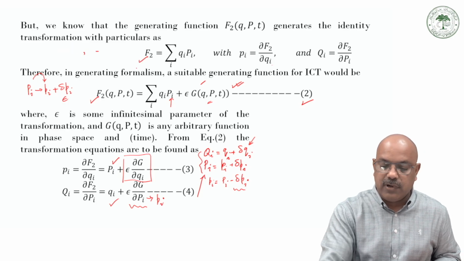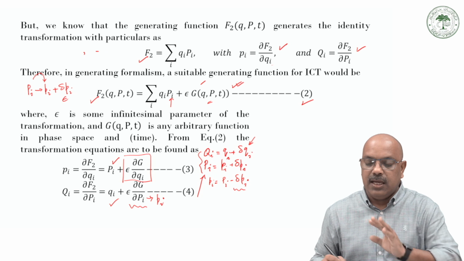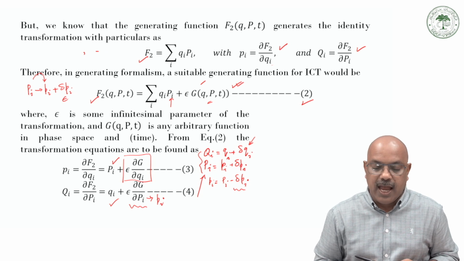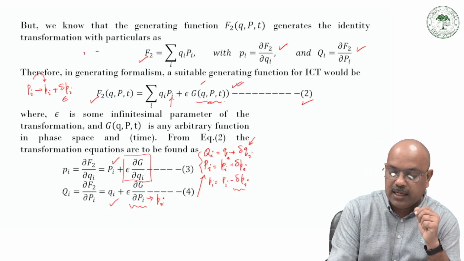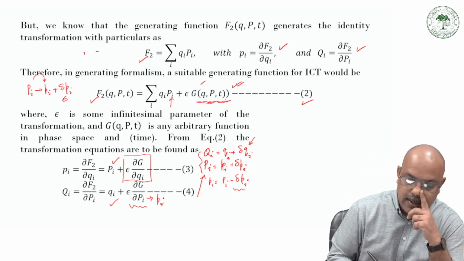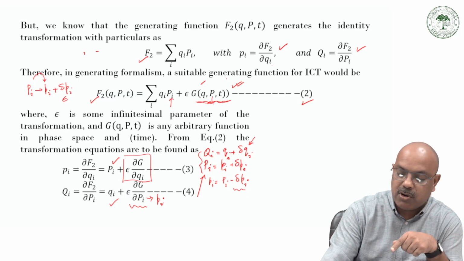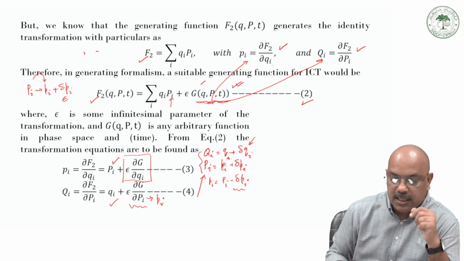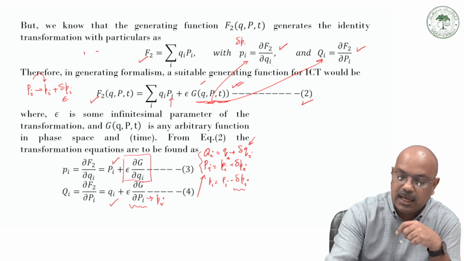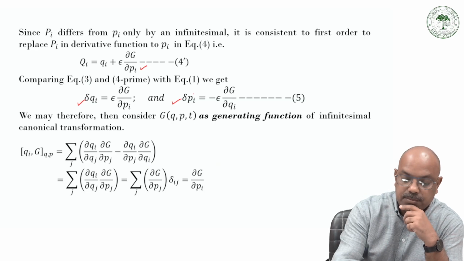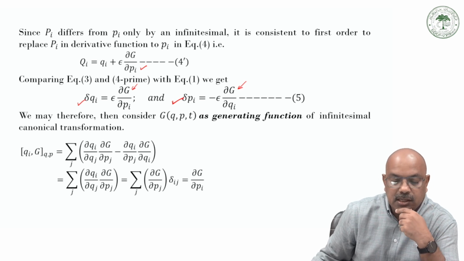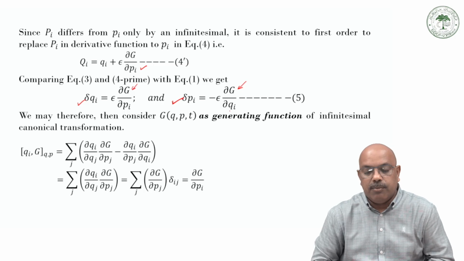For the generating function F2, I have the derivatives delta F2 upon delta qi and delta F2 upon delta pi, and here our generating function is this G. This has the corresponding differential equations, and the displacements are delta pi and delta qi, related to my generating function for the infinitesimal canonical transformation, epsilon delta G upon delta qi and epsilon delta G upon delta pi.